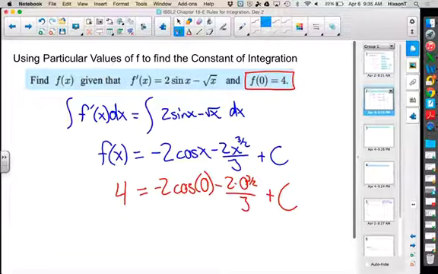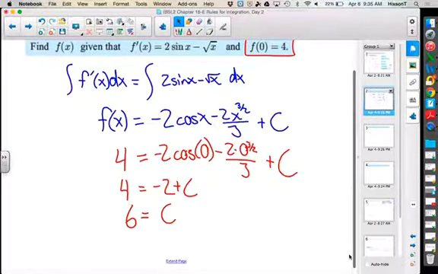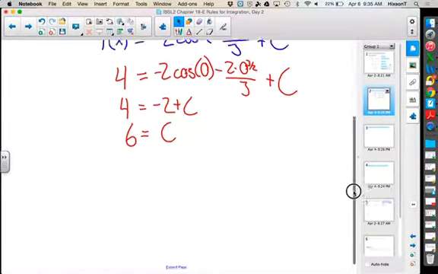Everyone understand what we did there? Now we evaluate, of course this equals 0, but what's cosine of 0? 1. So this is a negative 2 plus c. So c equals 6. And now we can actually write what the function is.